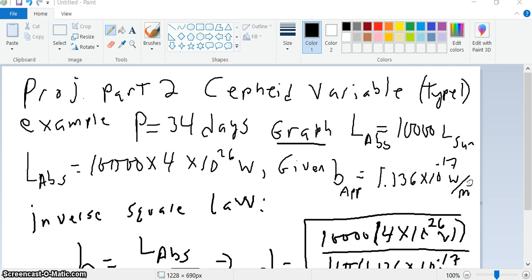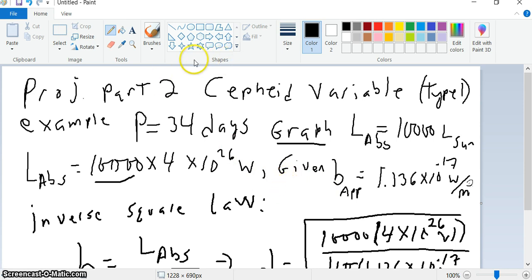So from the graph, if the period is 34 days, with this type of Cepheid variable, the absolute magnitude is 10,000 times the luminosity of the sun. The luminosity of our sun is well known to be approximately 4 times 10 to the 26th watts. And so you need one more piece of information to get the distance.